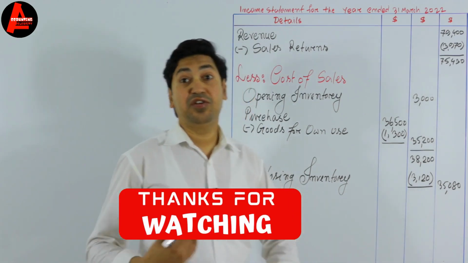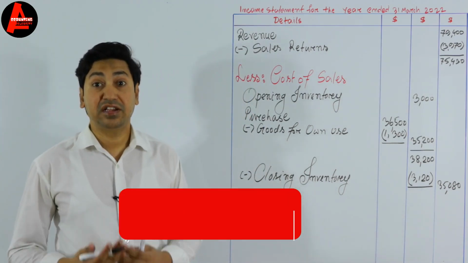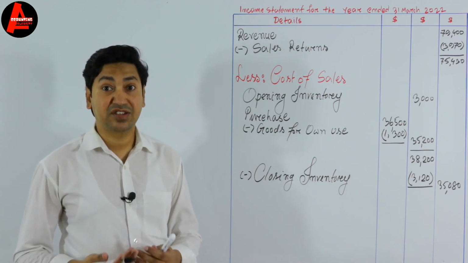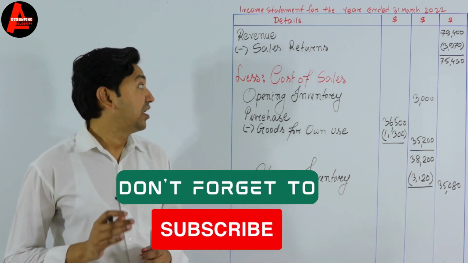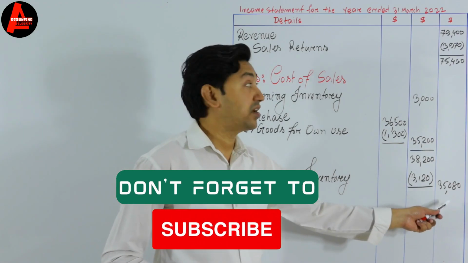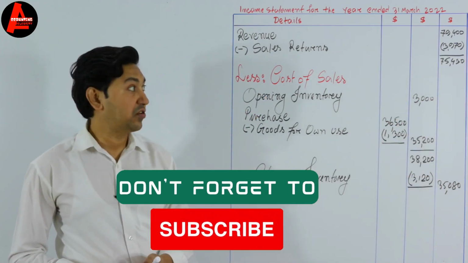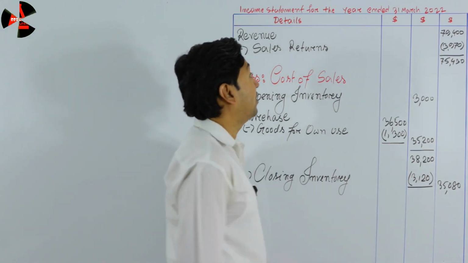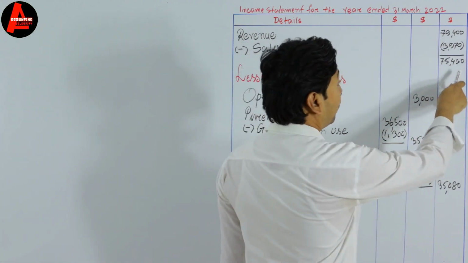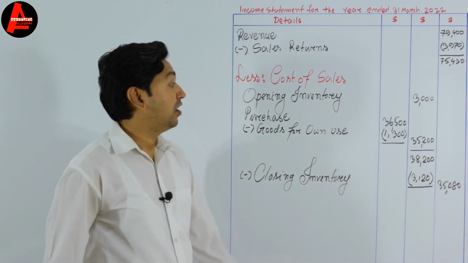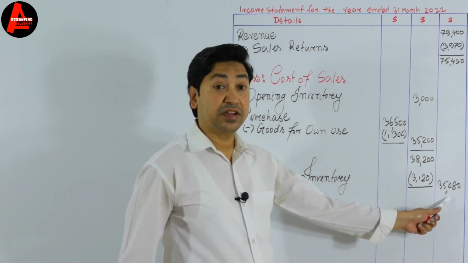We know gross profit equals sales revenue minus cost of sales. If our cost of sales is greater than sales revenue, then it is a gross loss. Here we have sales revenue $75,430 and our cost of sales $35,080.